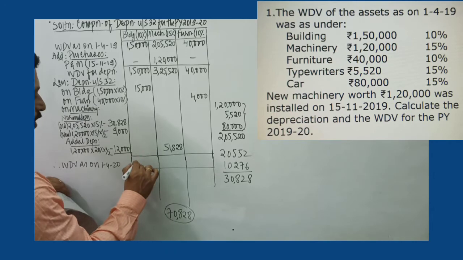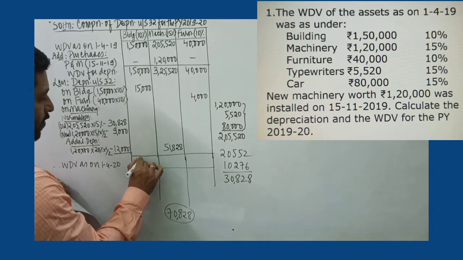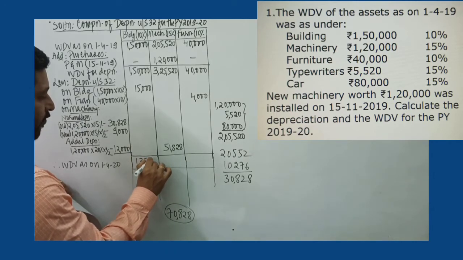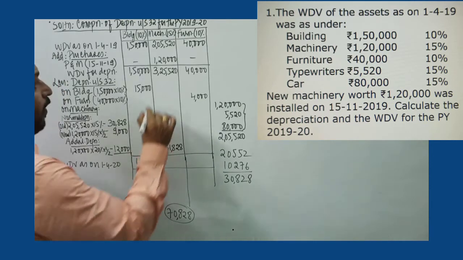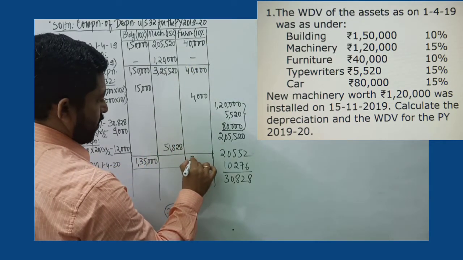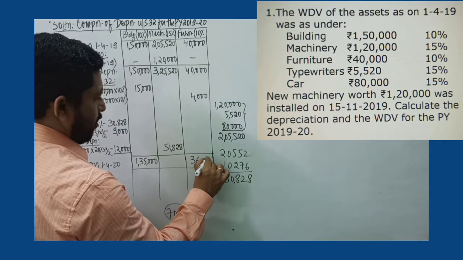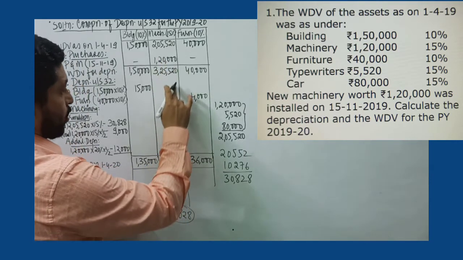that is, the beginning of the next year, as far as building is concerned would be 1,35,000. As far as furniture is concerned, it would be 36,000, and machinery.